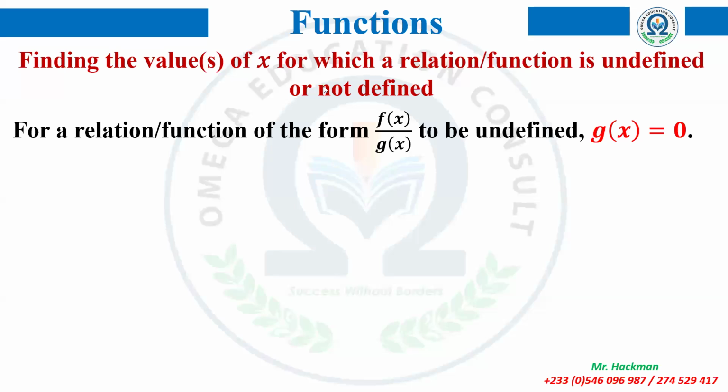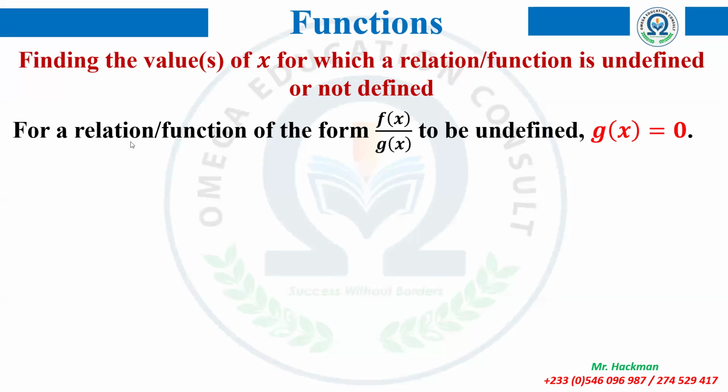These two can be used interchangeably. Undefined is the same as not defined. You need to take note of this. This is all that you need to know anytime you are asked to find the value or values of the variable that your function depends on, for which your function is undefined or not defined.